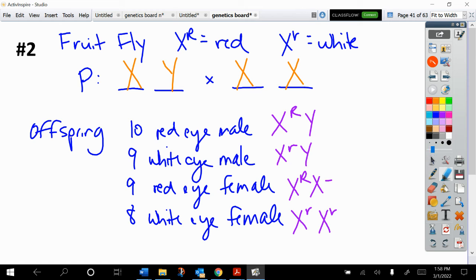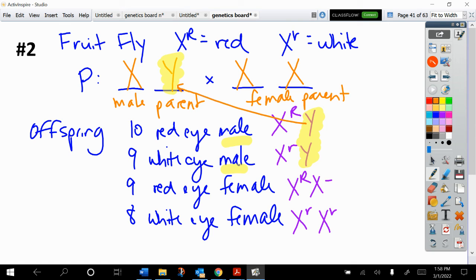So if we look at the male offspring first, the Y always has to come from the father, or the male parent. Keep this in mind. And that means that the X has to come from the female parent. So X capital R, X lowercase r, both of these have to come from the female parent.